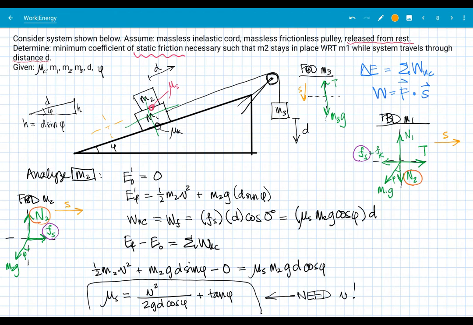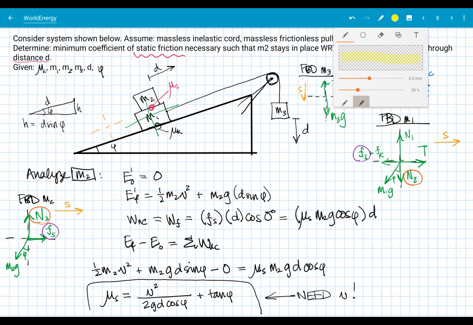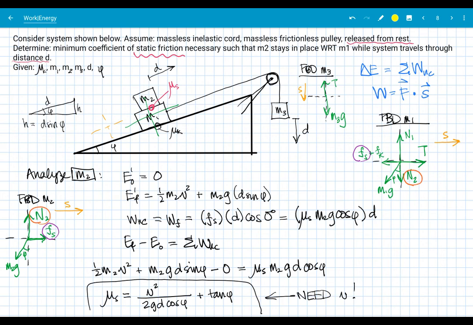So when it comes to work, what I really need to be looking at is the frictional forces, because tension's internal, it'll net zero. My normal force on block one is at 90 degrees to the displacement, so it's not going to contribute. My weight is a conservative force, so it's not going to contribute. Normal force two is at 90 degrees to displacement, so it's not going to contribute. So the only forces that are actually going to contribute system-wise to my non-conservative work are these two frictional forces.